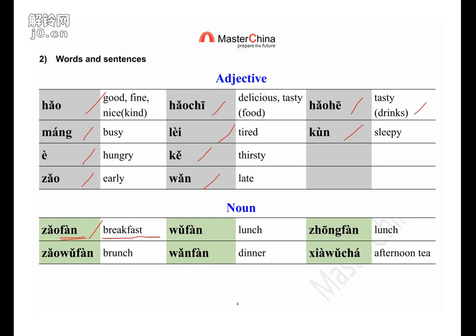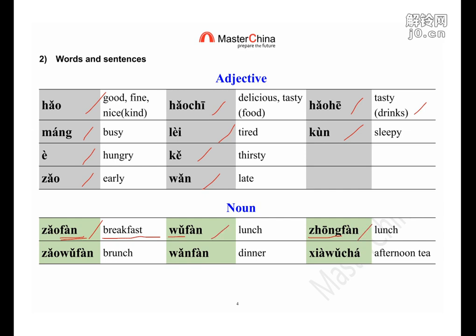This is 早. Then for the noon, remember I explained because it's the middle part of the day, we call 中午. 午 means noon. 中 is middle. So we can use 午 or 中 for the meal of lunch. Is 午饭 or 中饭. These 2 words both mean lunch. You can use either of them.